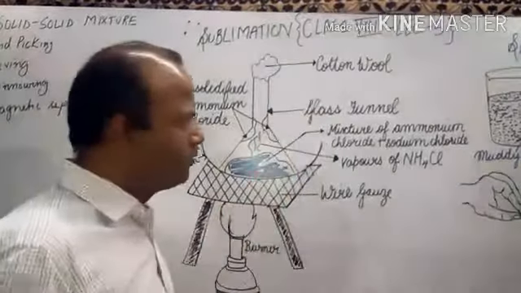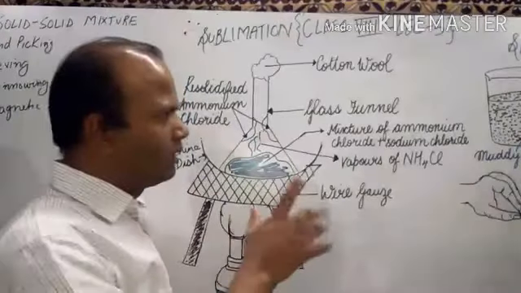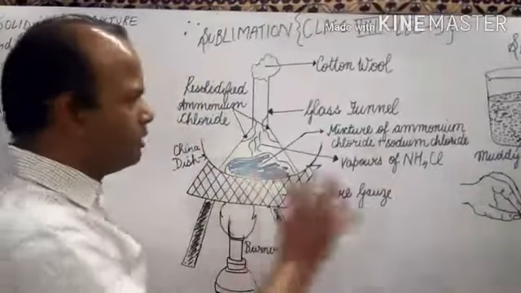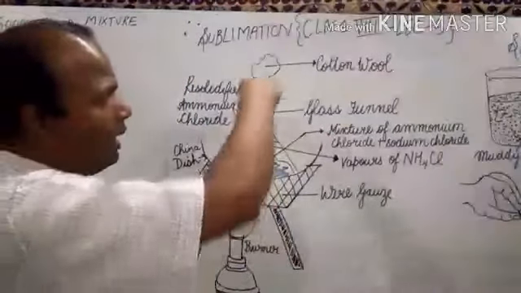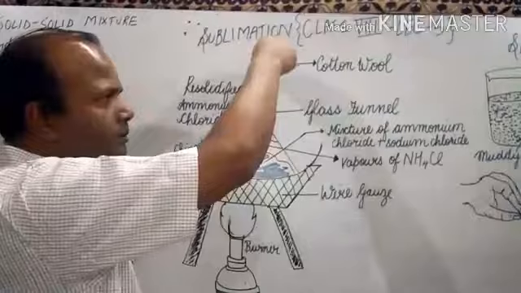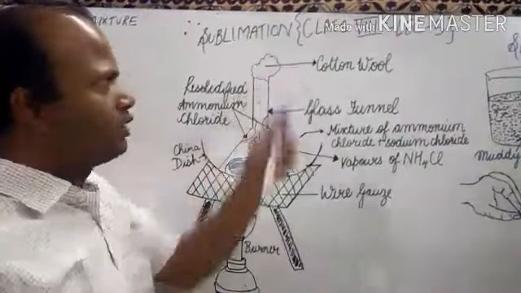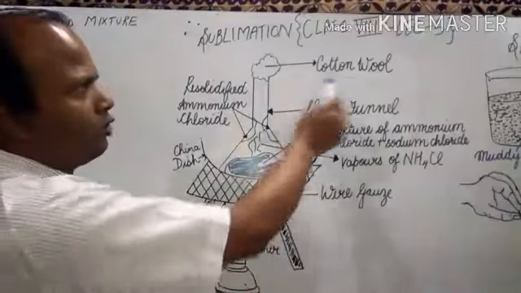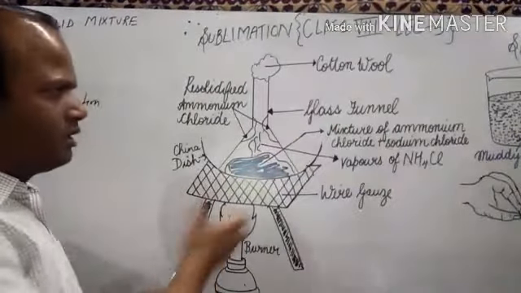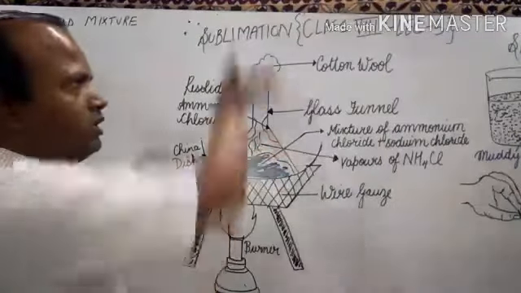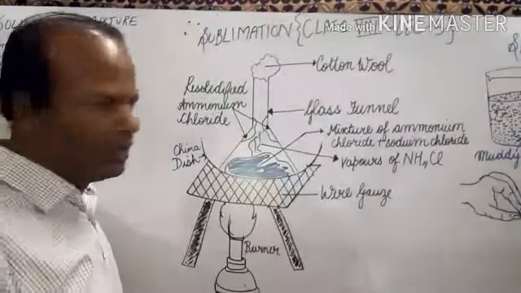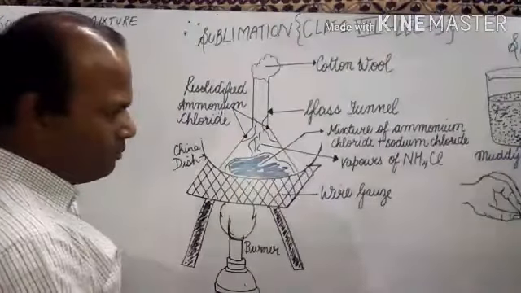So we have a solid-solid mixture in which one has the property to sublime and the other doesn't. The opening of the inverted funnel is closed by cotton wool, so that the vapors which are formed do not escape through it.